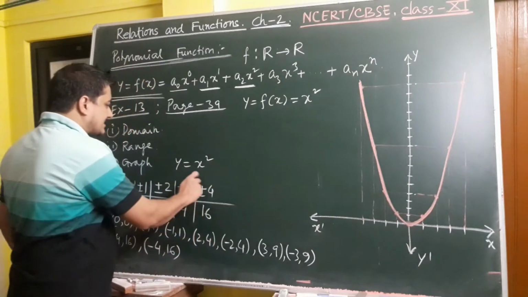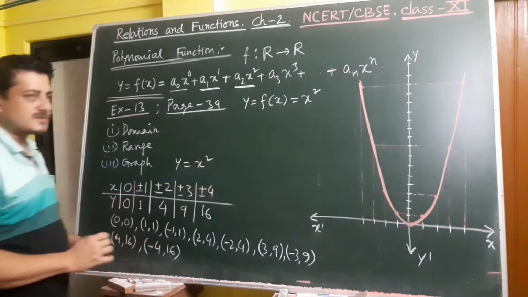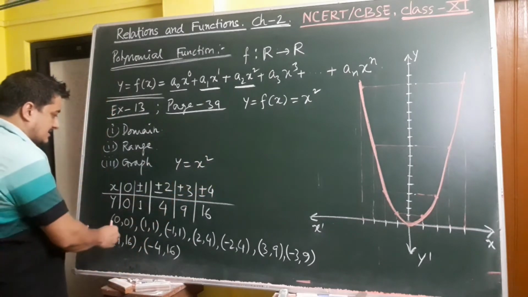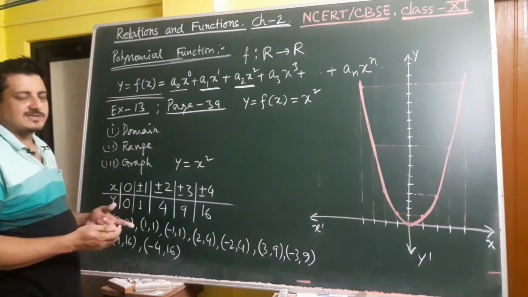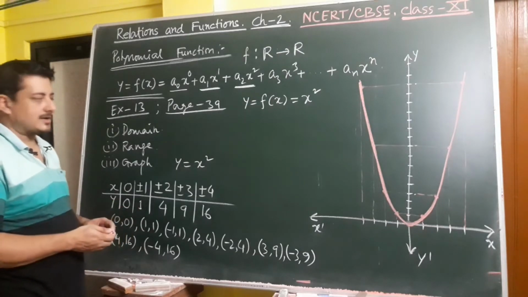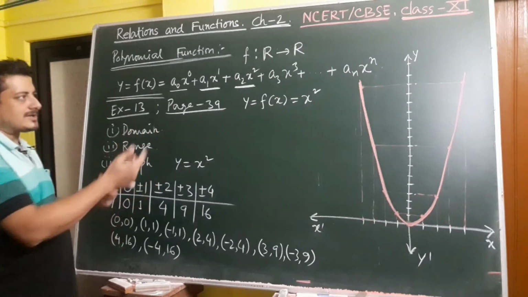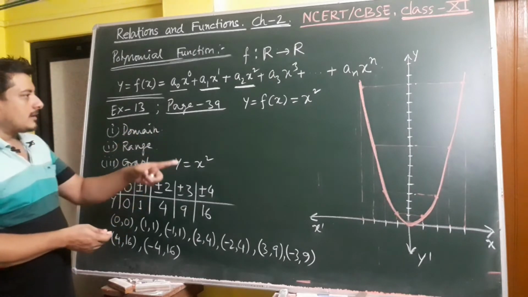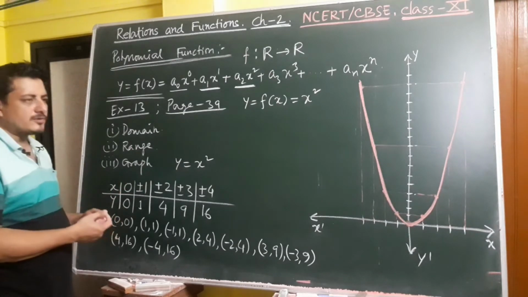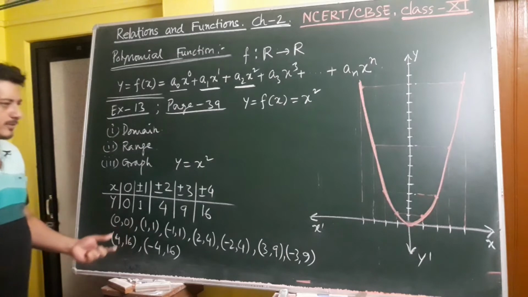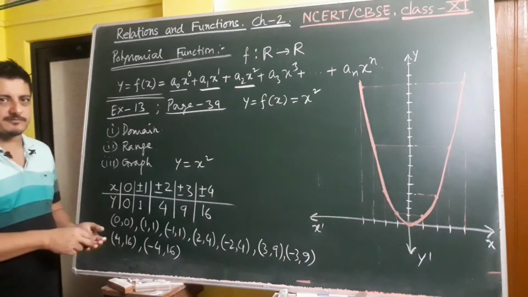So in case these are not straight lines, in that case 2 points are not sufficient. 2 points are sufficient to draw a straight line, but to draw a graph or curve like this, you need more number of points to precisely draw the graph.